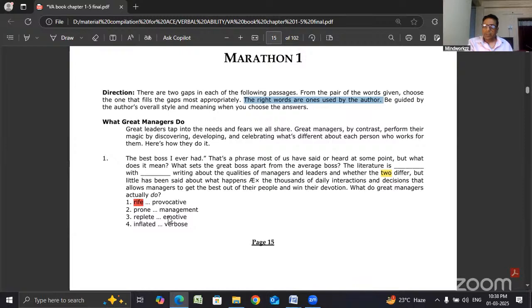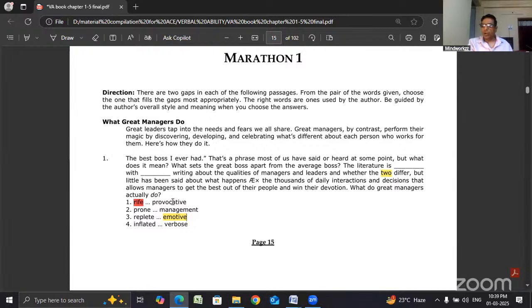Incidentally, this emotive is something which will not fit in here. Emotive will not fit in here. Okay. The literature is rife with provocative writing.